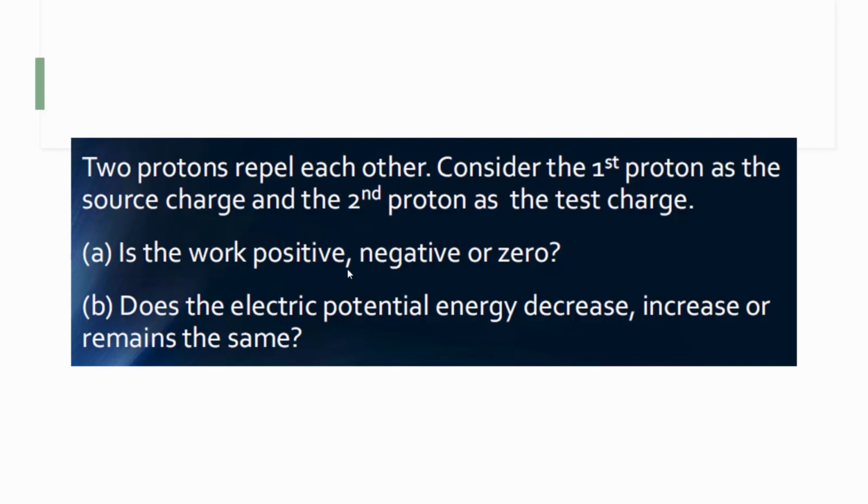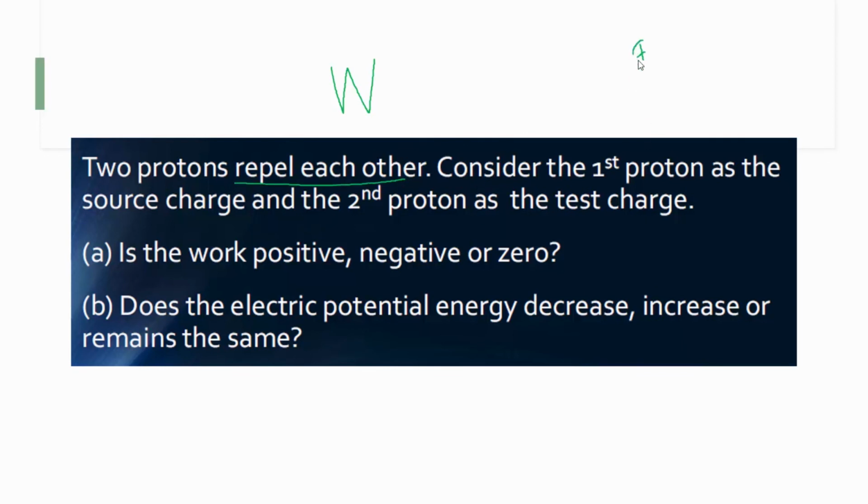Okay. Ito. 2 protons repel each other. Consider the first proton as the source charge and the second proton as the test charge. Is the work positive, negative, or 0? So, walang sinabing external agent, so ang work dyan is W. Sabi dito, they repel each other.